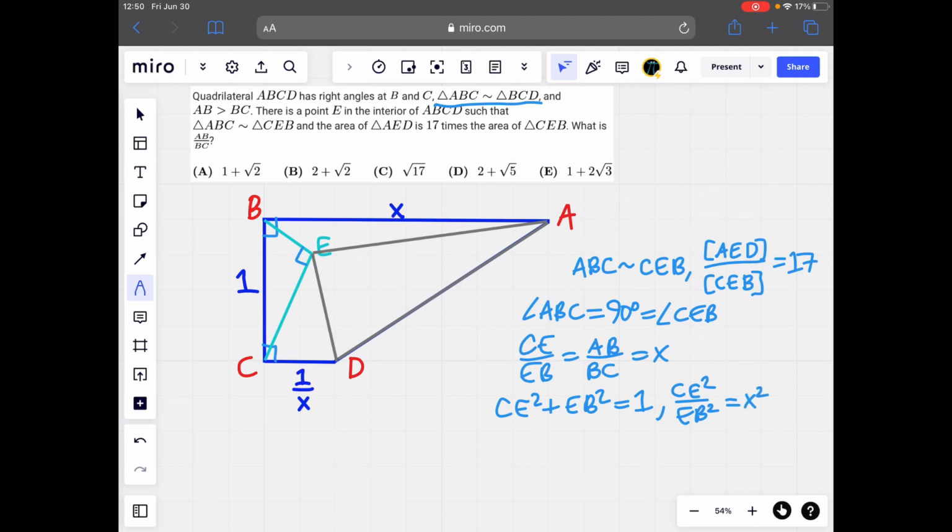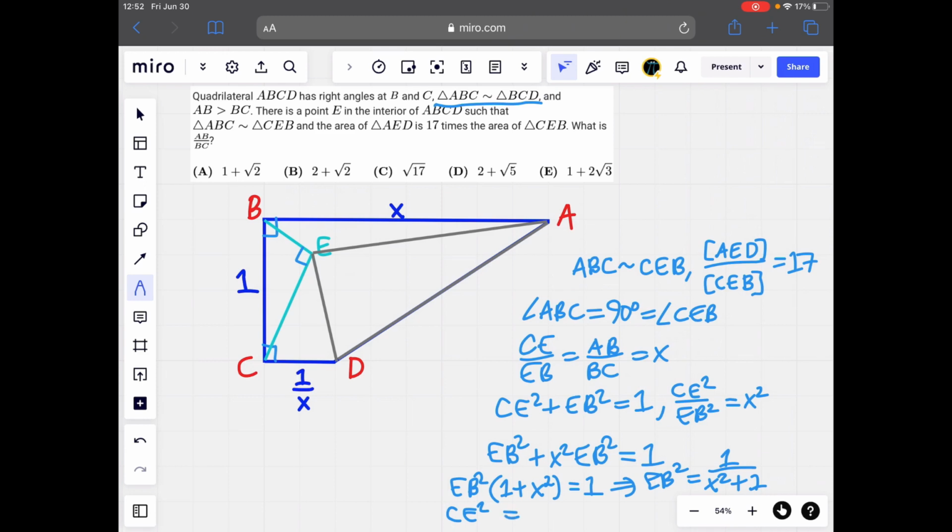So we can do EB squared plus x squared times EB squared is 1. So that means EB squared times (1 plus x squared) is 1, which means EB squared is 1 over x squared plus 1. In turn, this means that CE squared is equal to x squared over x squared plus 1.